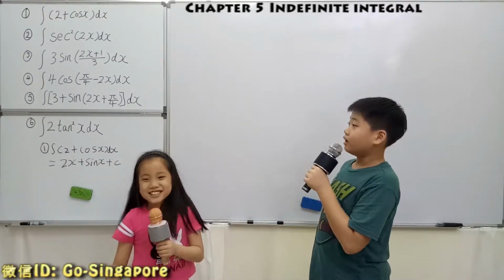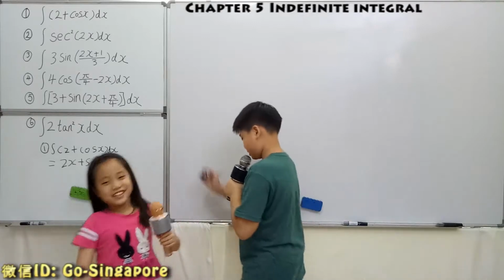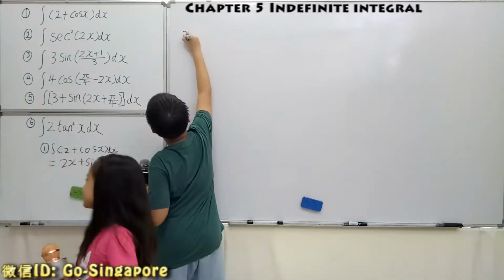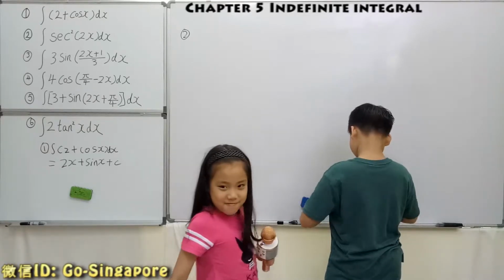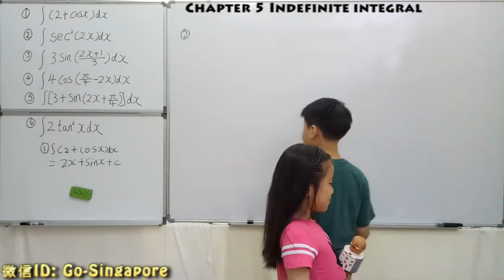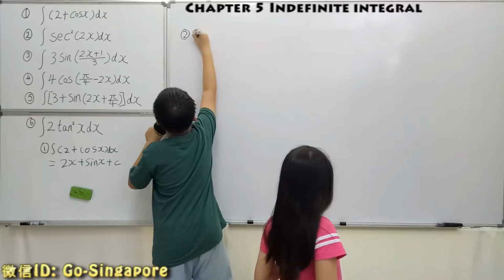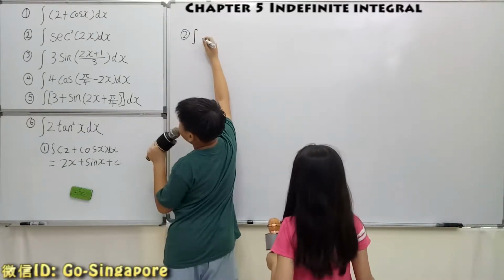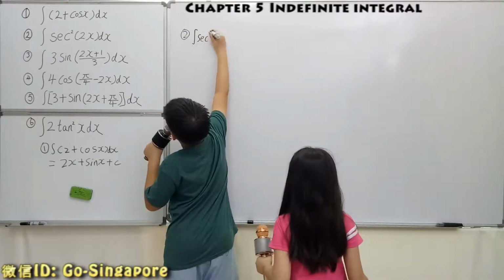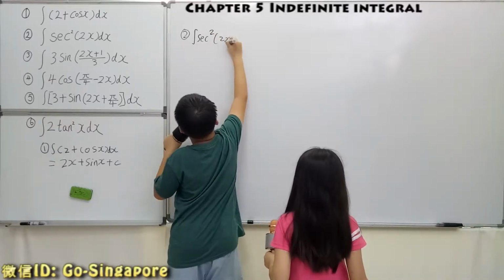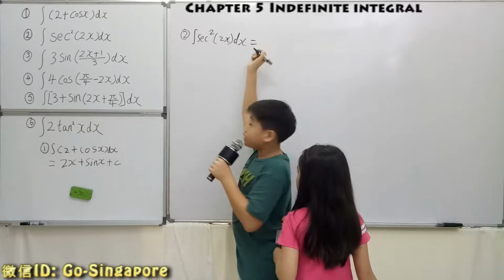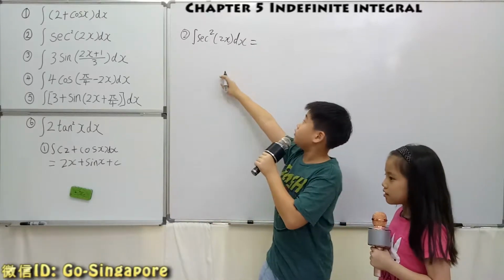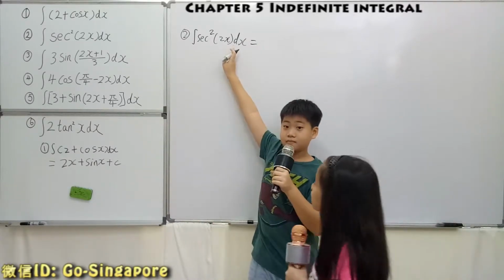Okay, next is the second question. The second question is the integral of secant square (2x) dx. So for this, first we can make these two the same, right? Right.